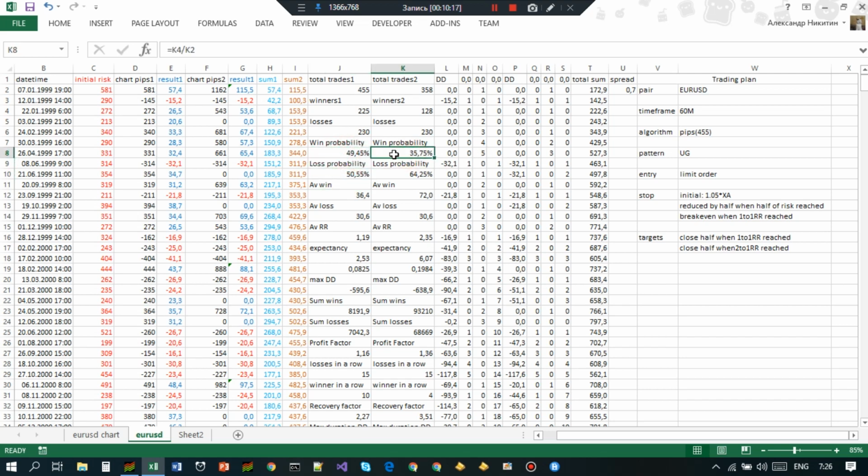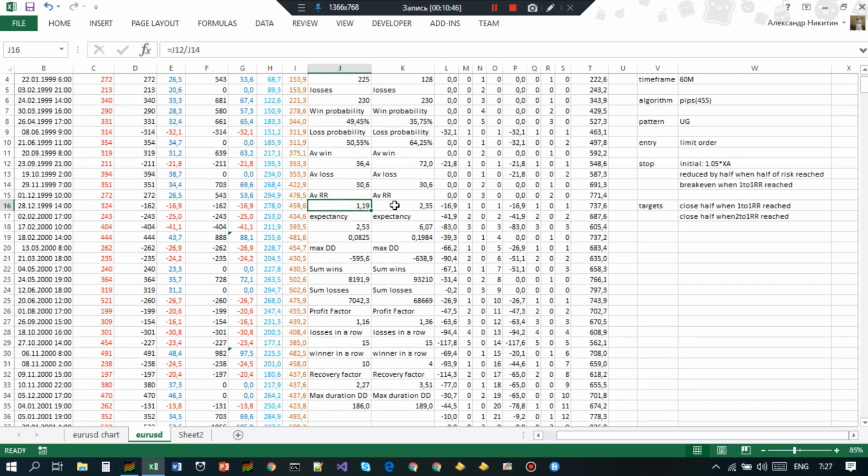And the same situation here, we have 35.74 winners and 64.25 losses. Basically I treat them as 33 to 66, 1/3 here, 2/3 here. So the correlation is 1/3 of winners, 2/3 of losses. You win only 1 out of 3 trades, and here 1 win, 1 lose. This is the first target, this is the second target.